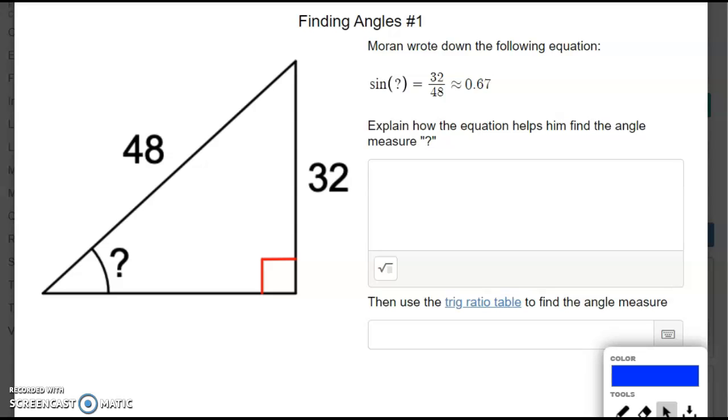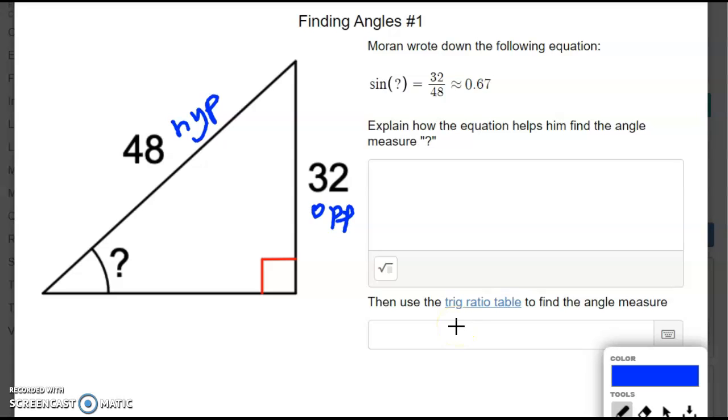So what did she do? She knew that 32 was the opposite side and 48 was the hypotenuse. So she picked sine of the question mark angle measure is equal to 32, which is opposite, divided by 48, which using the calculator, you got 0.67.